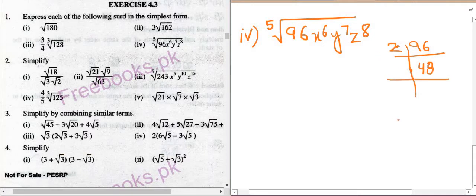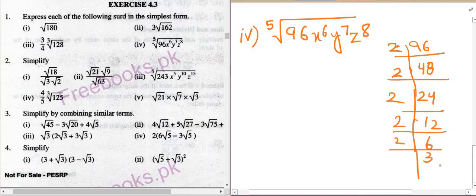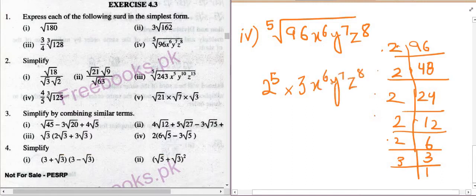Divided by 2, it is 24. Then it is 12, 6, 3 and 1. We can write 2 exponent 5, 1 2 3 4 5 multiply 3. Clear.